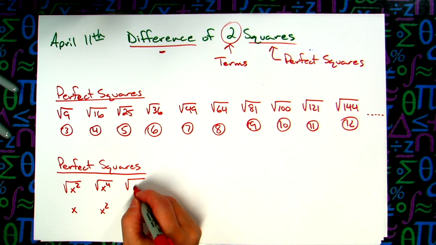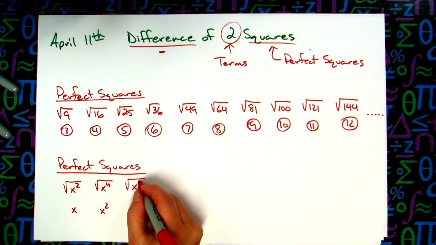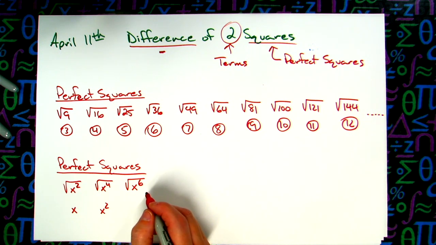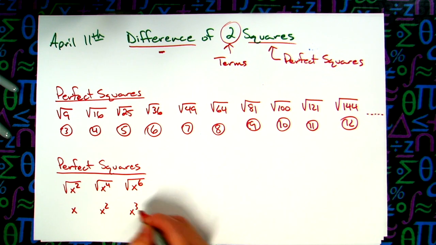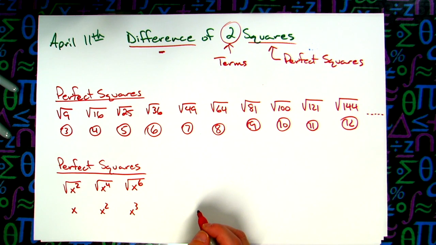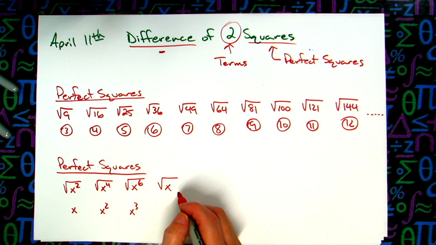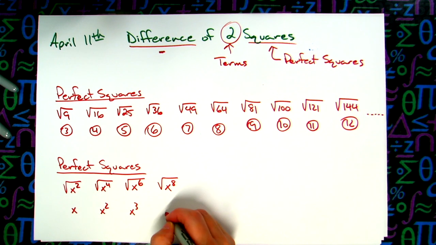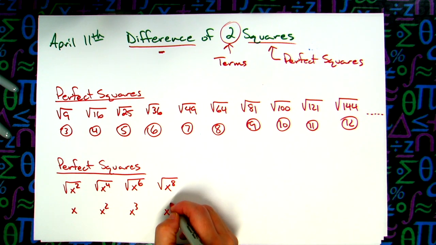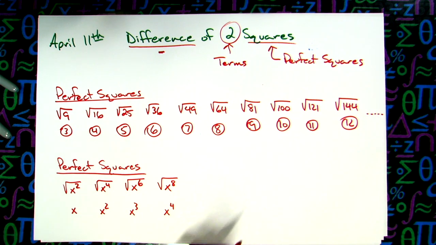The square root of x to the sixth is going to be x to the third. The square root of x to the eighth will be x to the fourth. You can think of it as taking half of the exponent as a shortcut.